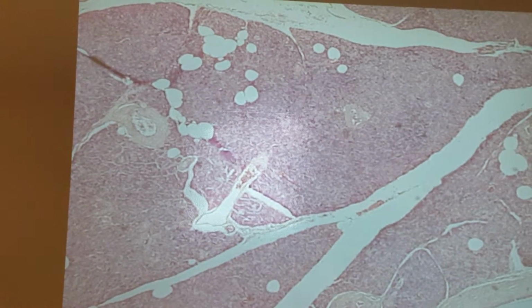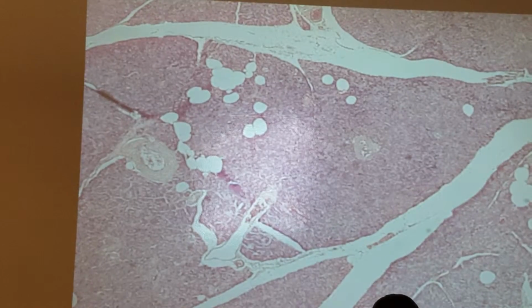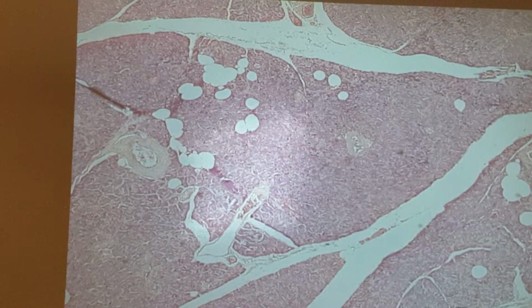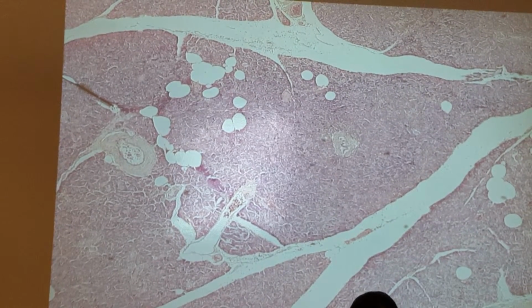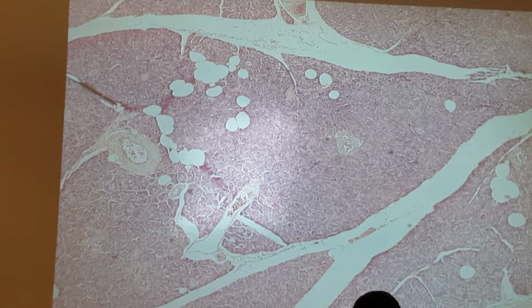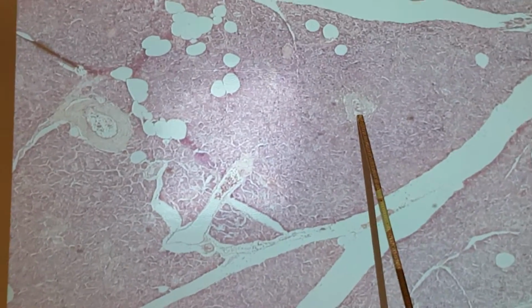The little islands. Okay, so then that is an island. That's an islet of Langerhans here. Let's see, very many of these.